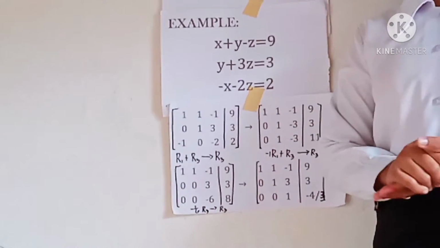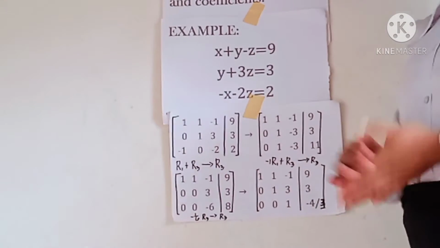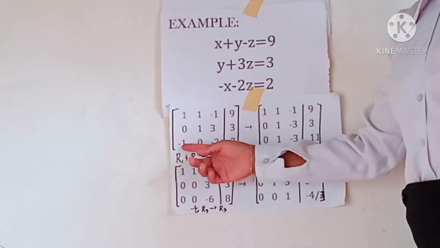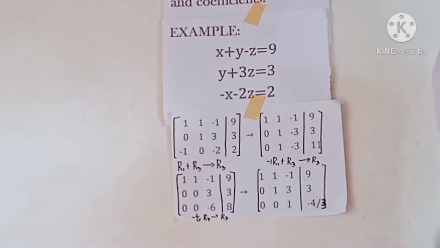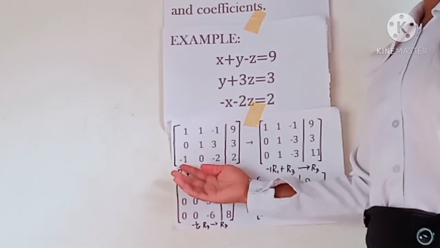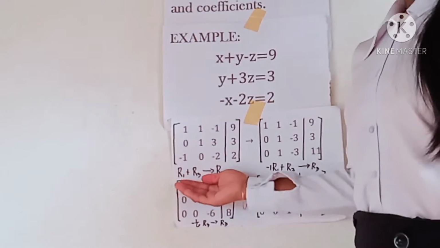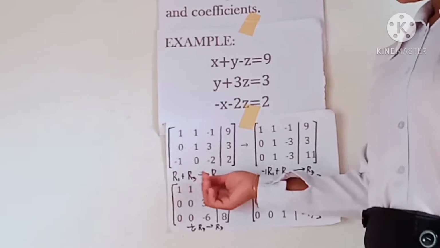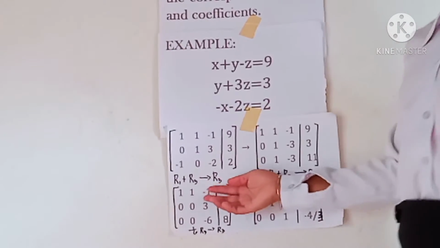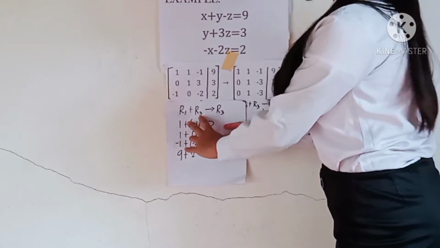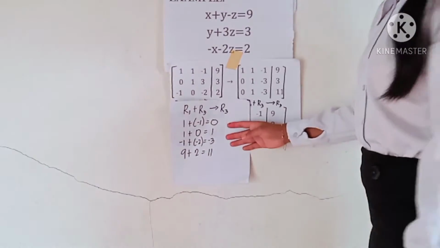Let us think of a number that we could multiply or add in order to make this number into 0. So here is the formula: row 1 plus row 3 equals row 3. We will apply row 1 plus row 3 equals row 3.